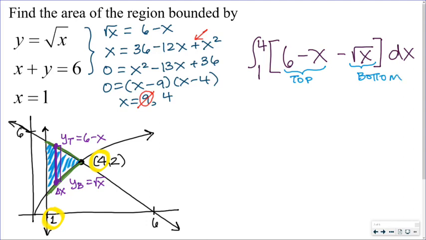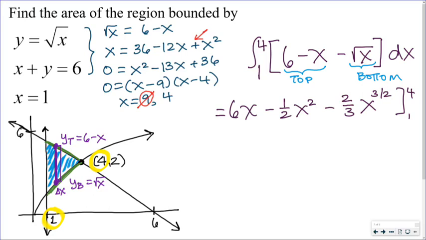Okay, so now I'm going to integrate, and I have 6x minus 1/2 x squared minus 2/3 x to the 3/2 from 1 to 4. And this is going to be 24 minus 16 divided by 2 is 8.